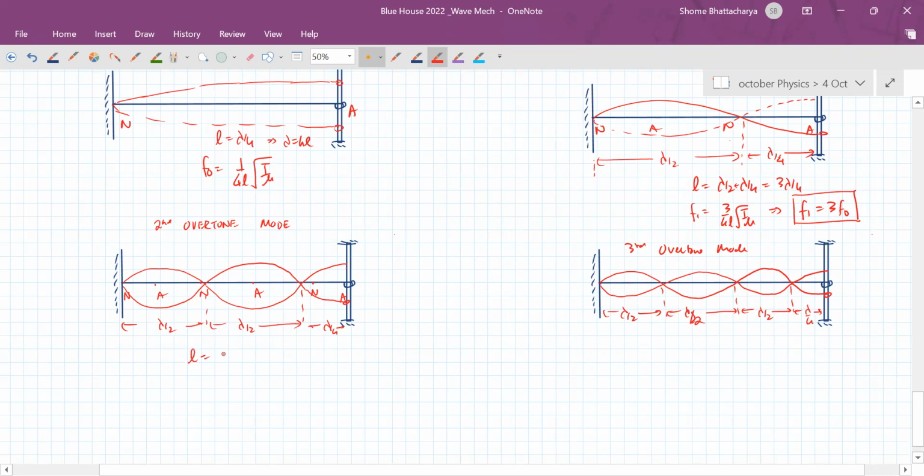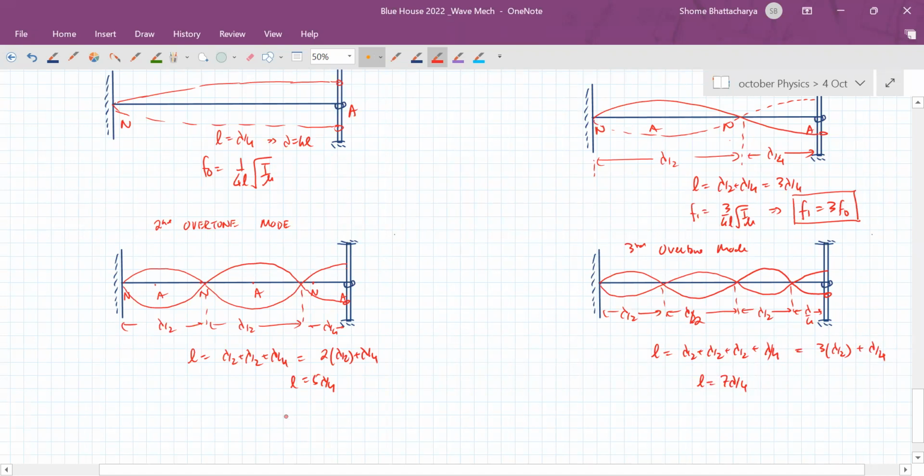Here, the length is lambda by 2 plus lambda by 2 plus lambda by 4, so it is 2 times lambda by 2 plus lambda by 4. That will make it 5 lambda by 4. Here it is lambda by 2 plus lambda by 2 plus lambda by 2 plus lambda by 4, so 3 loops and a quarter wavelength. So L becomes 7 lambda by 4.